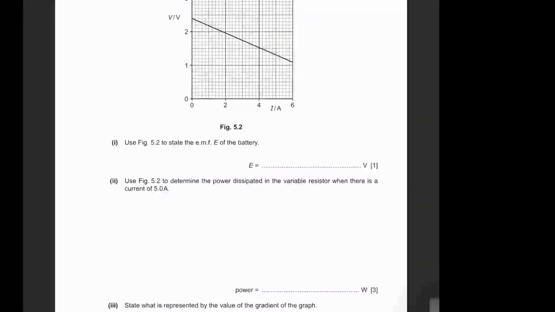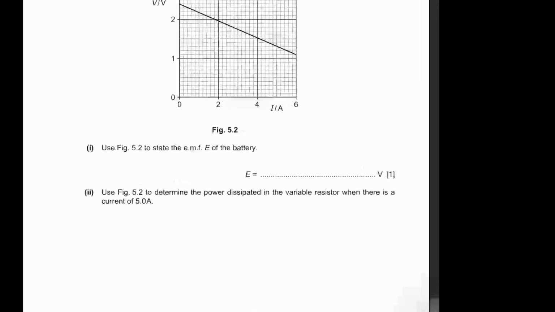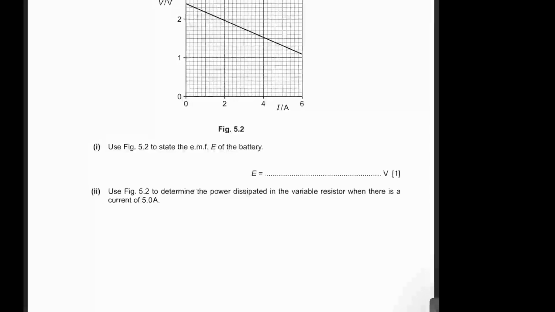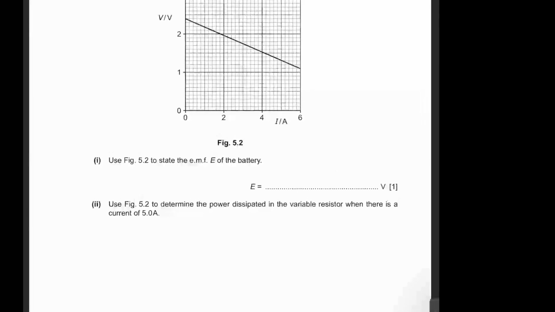The resistance R is now varied to change the I and V. V versus I is given below. Using the figure 5.2, state the EMF of the battery.